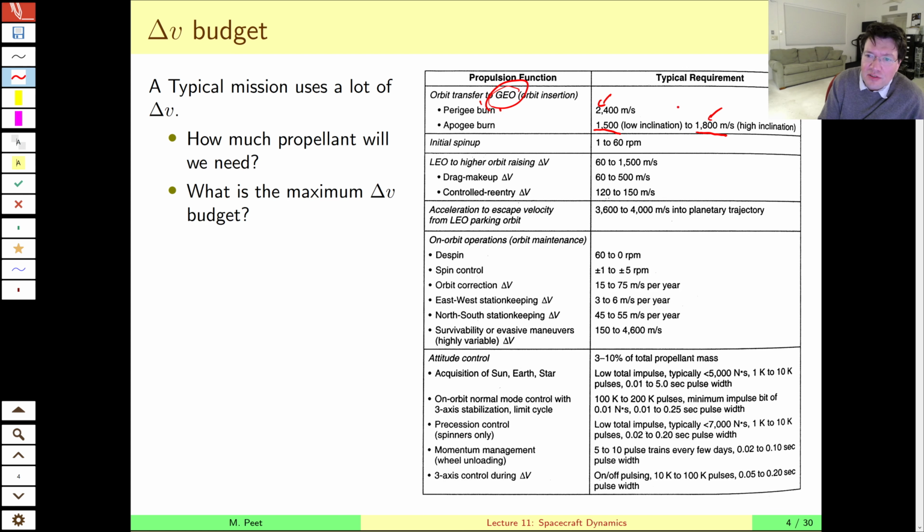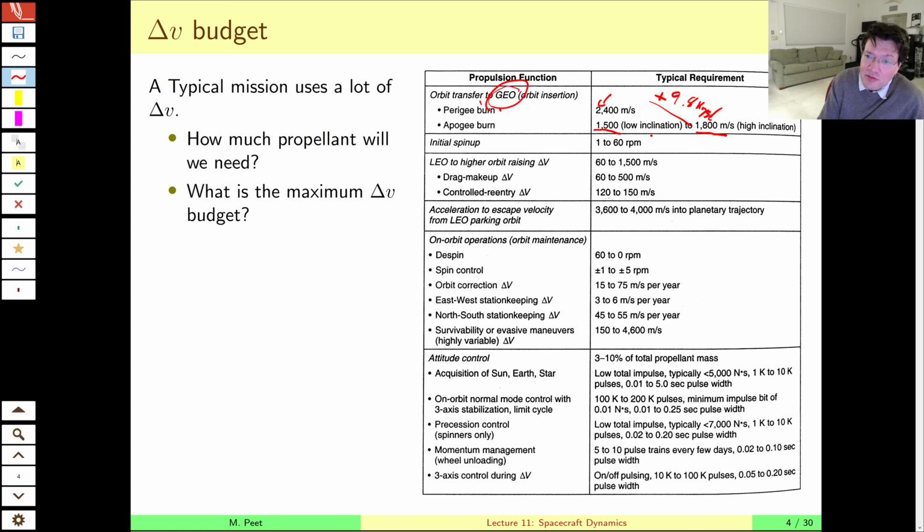So overall, about 4 kilometers per second is the requirement for inserting anything into GEO, and that's in addition to what we need to get up into a parking orbit, which is also fairly high. It's about 9.8 kilometers per second just to get us into parking orbit. So that's a basic delta V requirement: 9.8 to get us into orbit, and then an additional 4 kilometers per second or so to get us to geosynchronous.